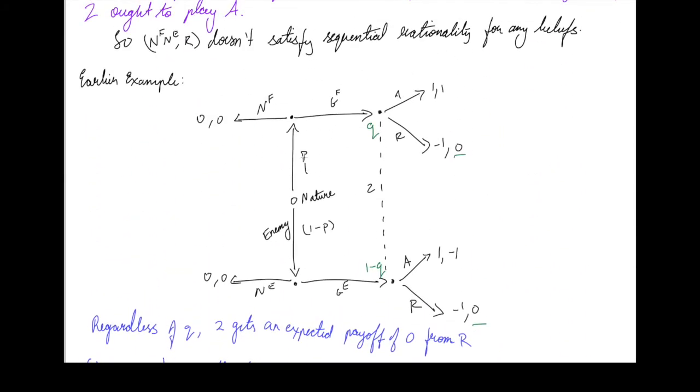If this occurs with probability 1/8 and this occurs with probability 1/16, what is the probability that you're here versus here? This is twice as likely as this, because this probability is twice as much as this. So conditional on actually getting to this information set, the probability of being here is twice as likely as the probability of being here. So Q would have to be 2/3.